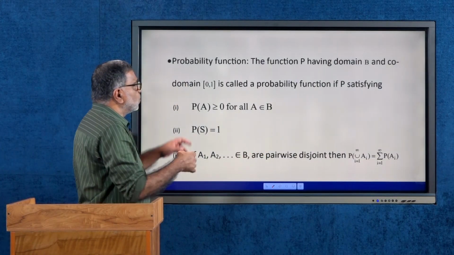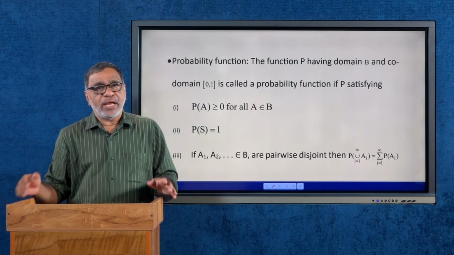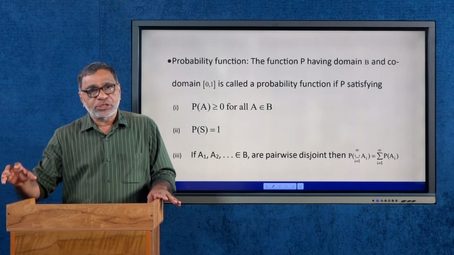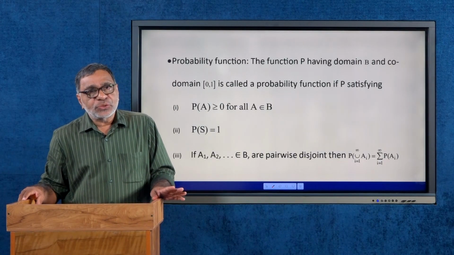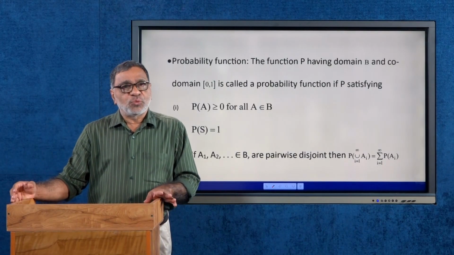The conditions: one, it is non-negative, that is P of A is always non-negative for every A belonging to the sigma algebra. Second, P of S, that is the sample space, is equal to 1.